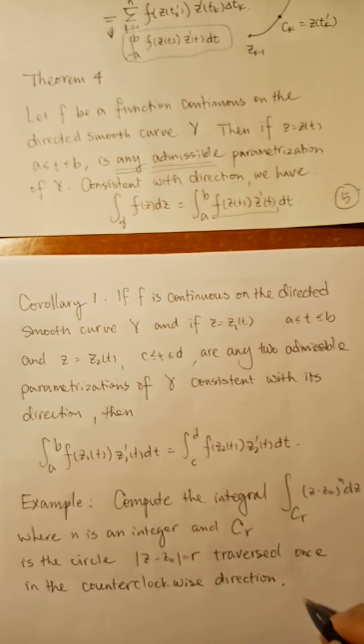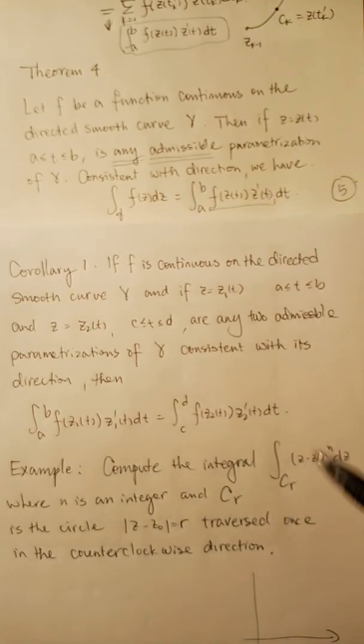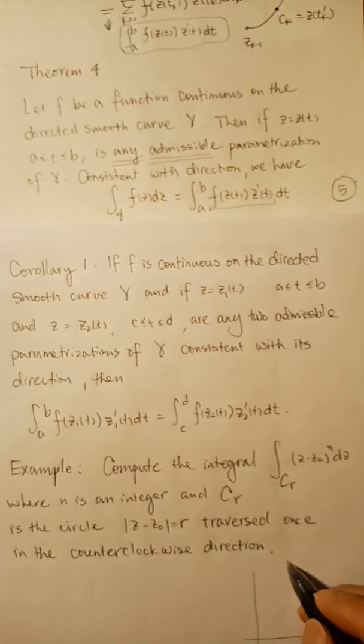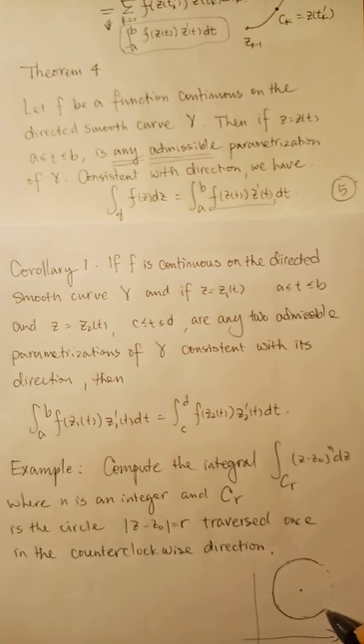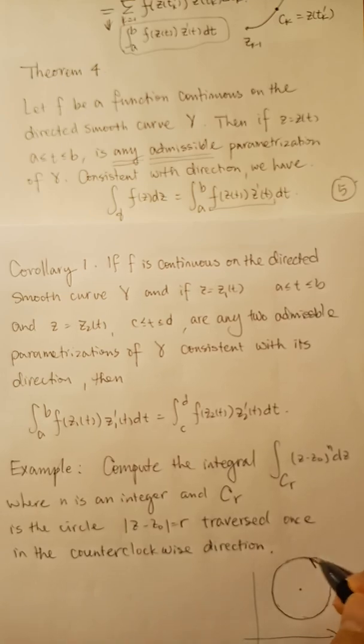Okay, so this z0 is really extra, the useless part. You can just let z0 be 0, then you can simplify, but whatever. So CR is this one, with the direction counterclockwise.